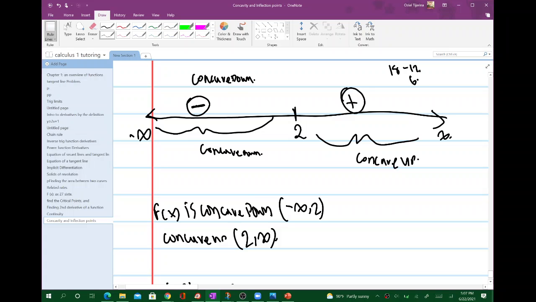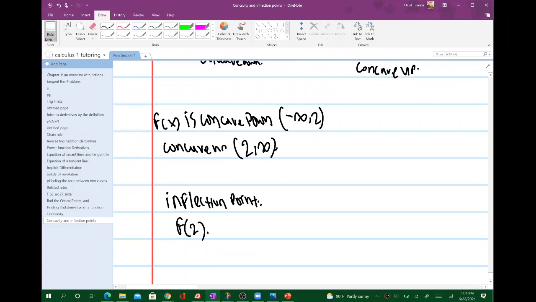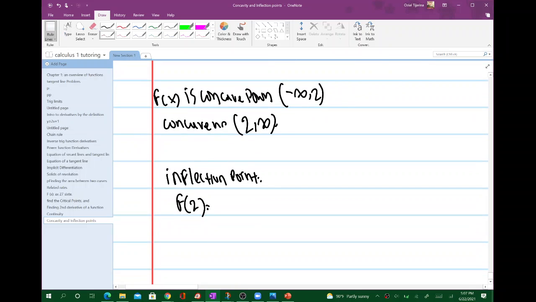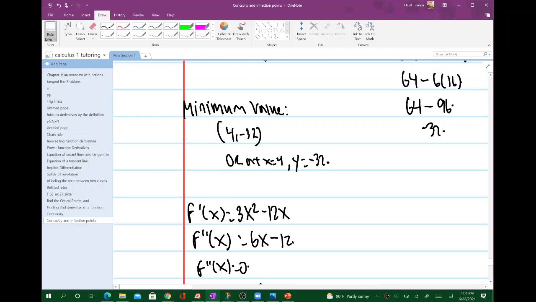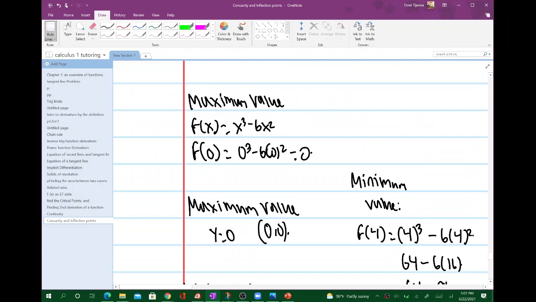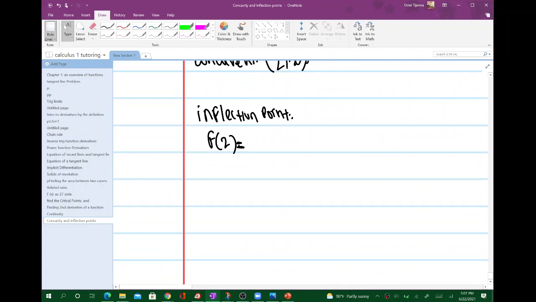The inflection point just means at that specific x value, what is y? And it is a point, and that is what we call an inflection point. So we want to find f of 2, and we know that f of x is x cubed minus 6x squared.